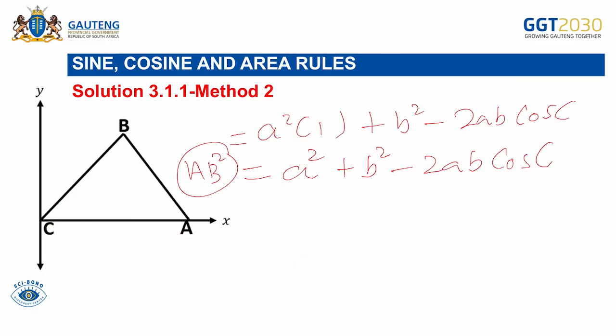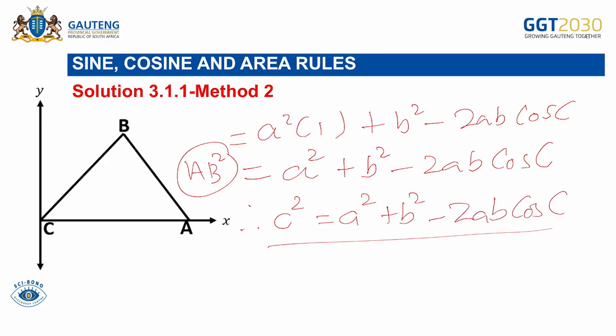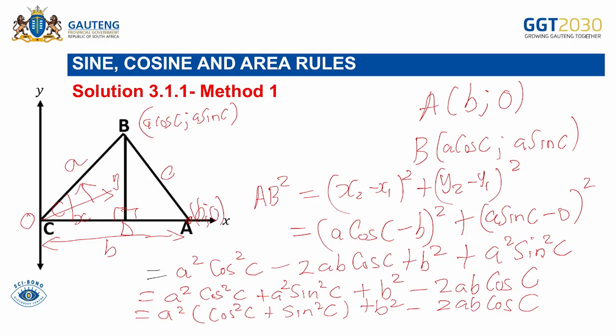So we replace, therefore, small c squared is a squared plus b squared minus 2ab cos of c. That's how you could have proven that using this approach. So first things first, you drop your perpendicular BD, then you solve for the horizontal distance and vertical distance in the new triangle OBD.